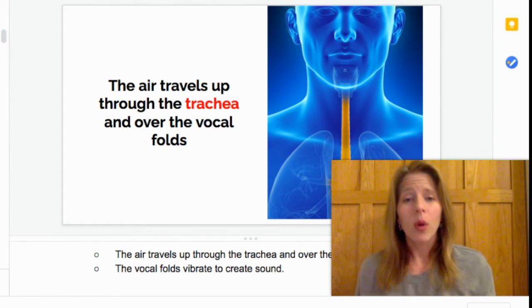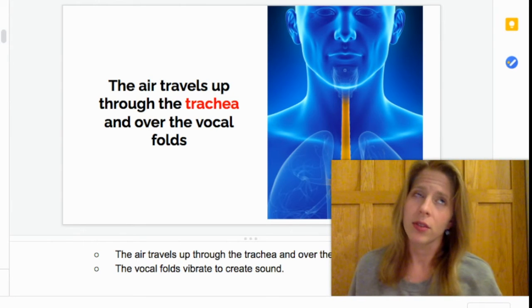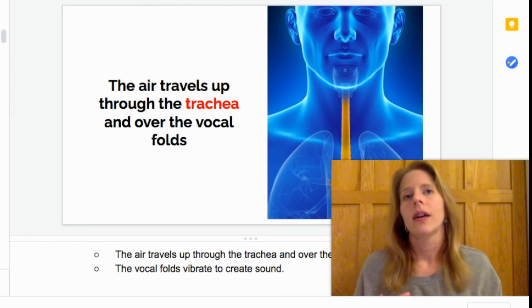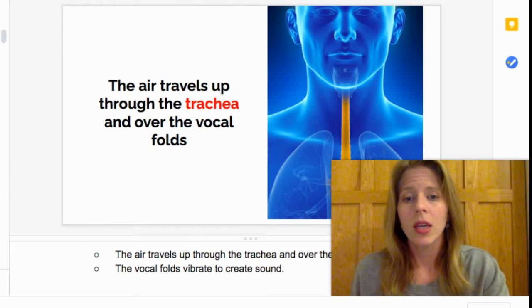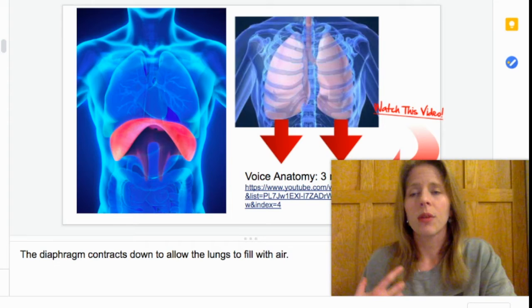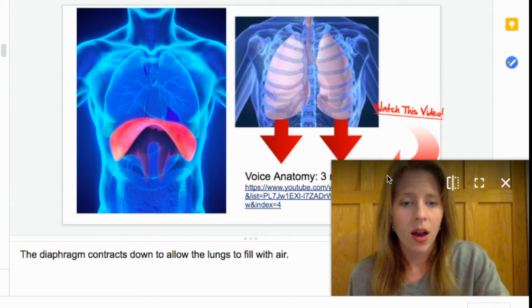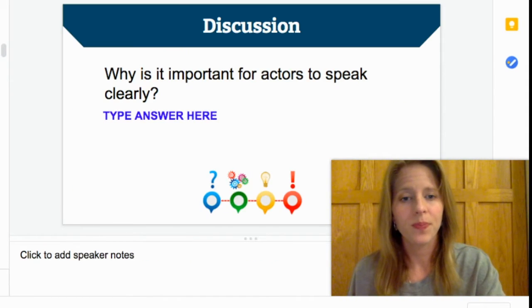It's really important that we, as performers and people in general, learn this, because you can really mess up your voice if you don't talk, sing, or speak loudly correctly. We talk about where those things are, and how the diaphragm and your lungs go into it. There's a short video we're going to watch about voice anatomy.